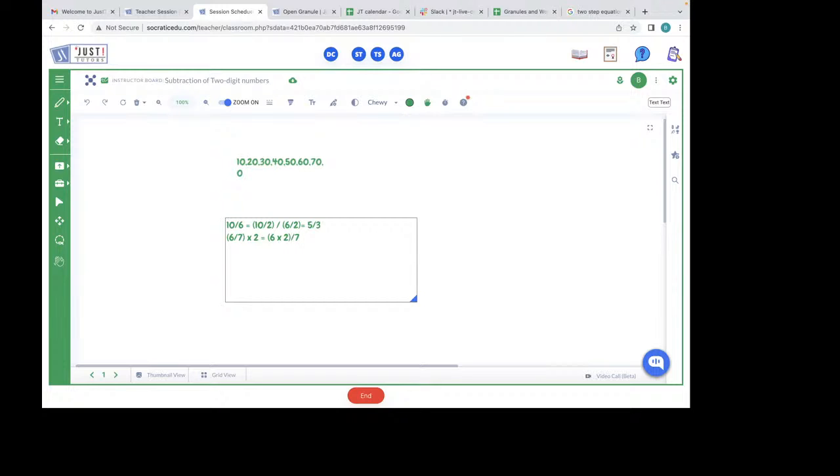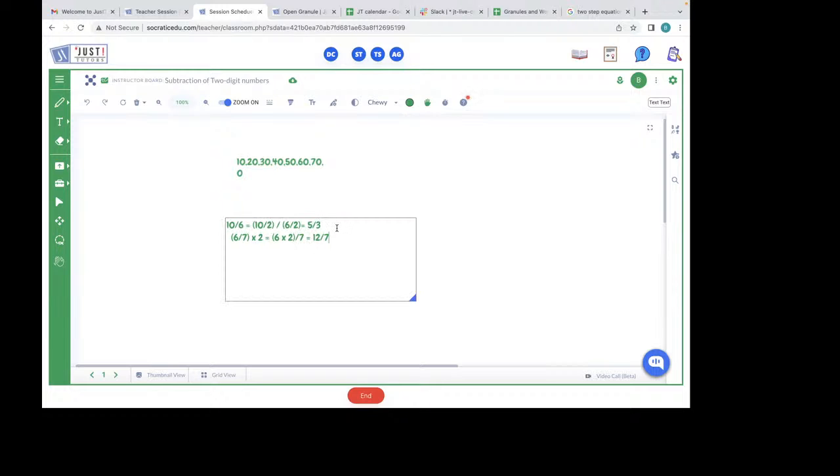So जो 7 है denominator वो हमारा same ही रहेगा. So 6 multiplied 2 is 12 and denominator will be 7 as it is. Okay, so we have solved one more example here.